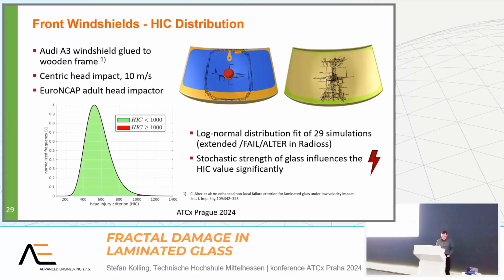On that, you can see here in our statistical plot the green area is less than 1000, and the red area is larger than 1000.